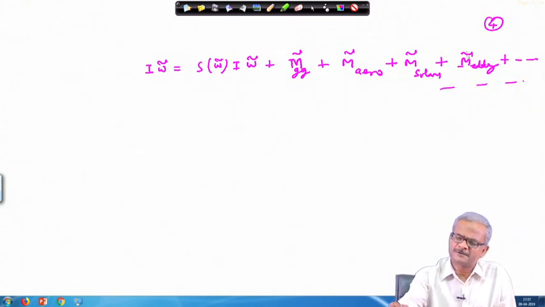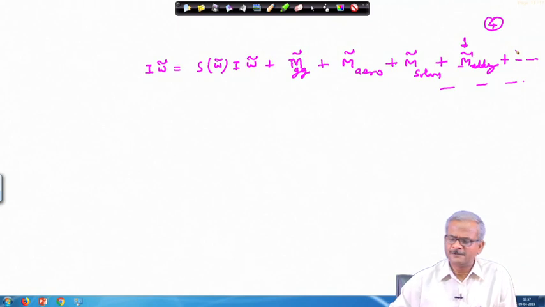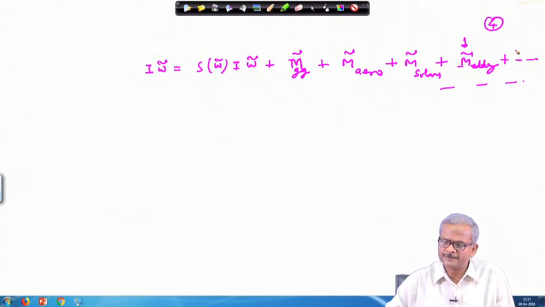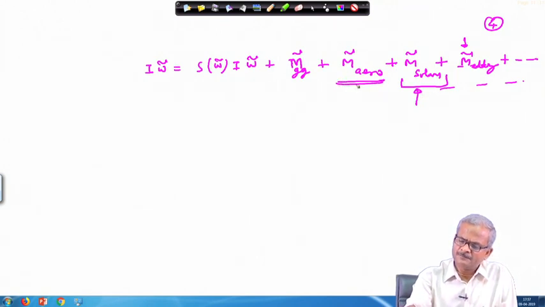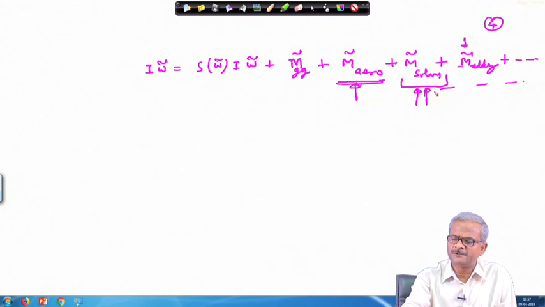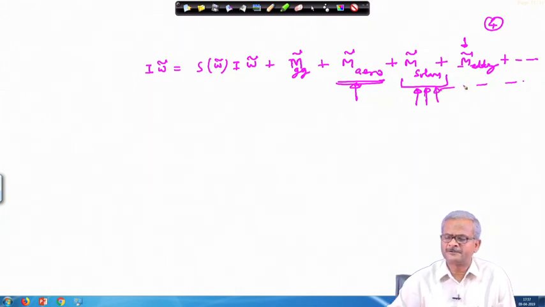The rest of the things I will write briefly in the uploaded material. I am not going to discuss this in detail here, because this will follow the same procedure as we have done for the M aero. I will introduce this, and the rest of the things will be uploaded as written material.